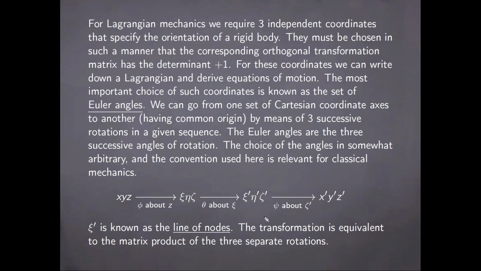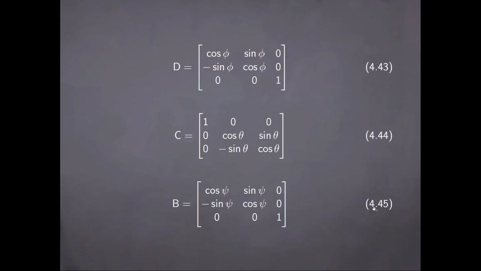Now, the transformation presented here is equivalent to the matrix product of the three separate rotations. And the matrices are given as follows. This is the matrix D, corresponding to the rotation by an angle phi counterclockwise about the original z-axis.